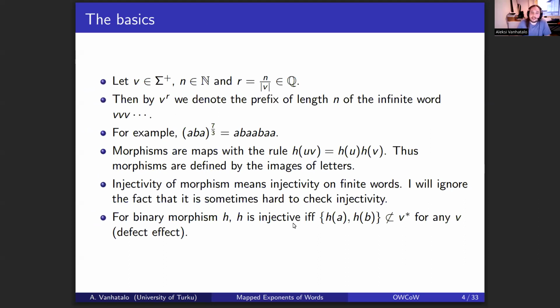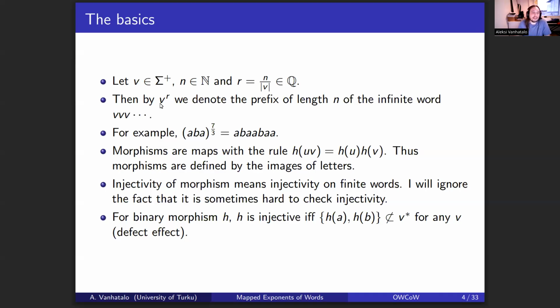I assume the basics are familiar to everyone, but here are some very basic things in 1 slide. First of all, how we take powers of words is that we start with a base word, and then we have some natural number n, and then we have a fraction r which is n divided by the length of the base word.